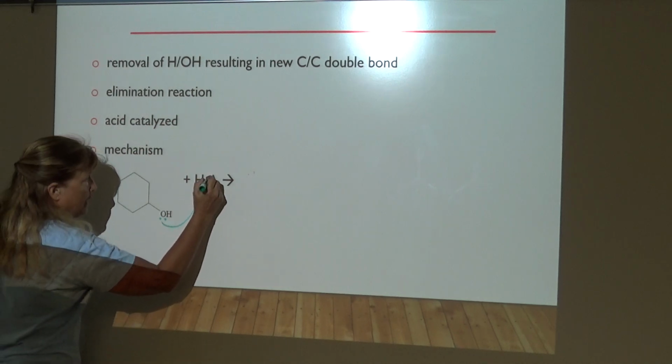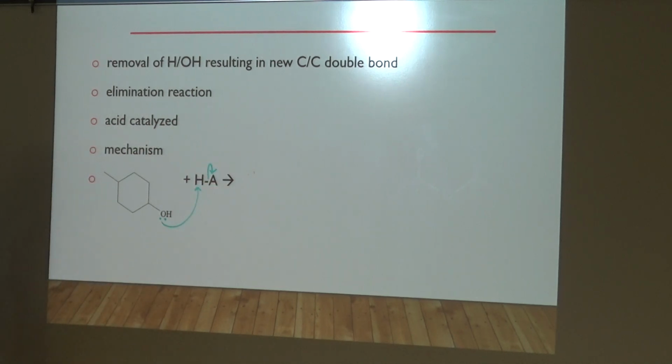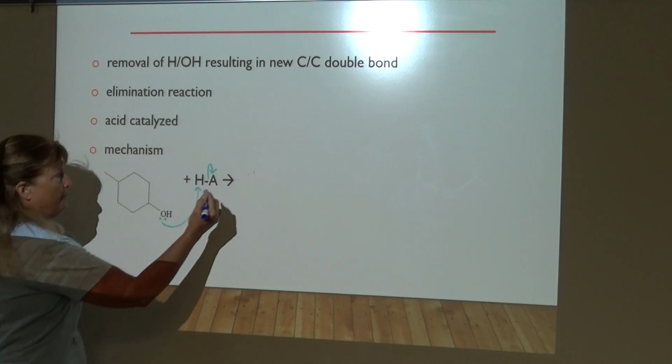So the first thing that happens is that it pulls the hydrogen off the acid, whether that's the hydrogen phosphate or hydronium, doesn't really matter. The thing is that we get our protonated alcohol.